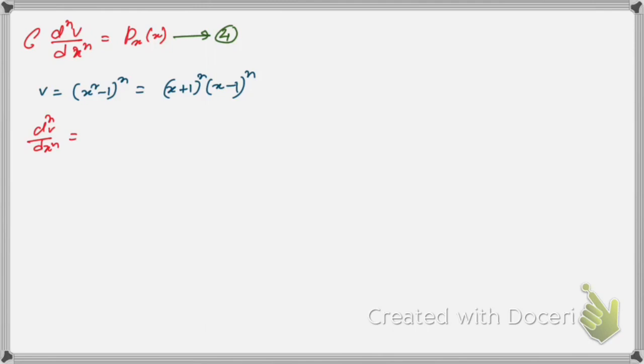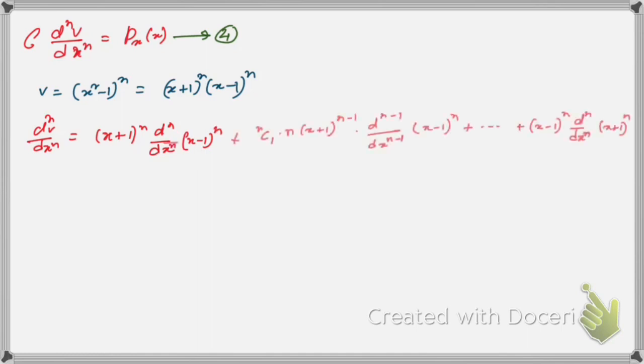You will get x plus 1 whole to the power n, times the nth derivative of x minus 1 whole to the power n, and so you're going to get this after differentiating this one n times using the same Leibniz theorem. So now if you put 1, putting 1, so before you put 1, let me show you one thing.